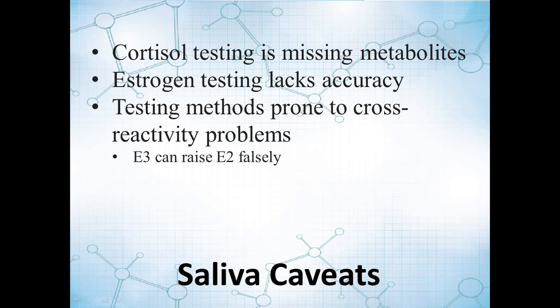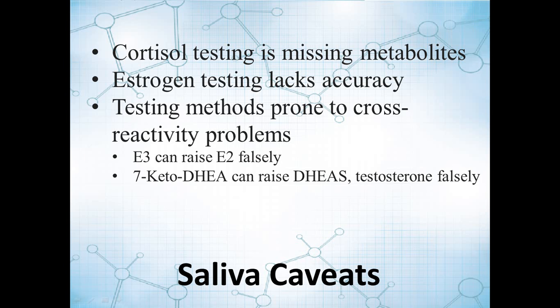For example, if estriol is really high, it can actually increase your estradiol levels artificially. If 7-keto-DHEA is used, it can actually react with the test, meaning if I take a vial that only has 7-keto-DHEA in it and I get it tested with a saliva lab for DHEA-S and testosterone, the more 7-keto-DHEA you put in that vial, the higher the DHEA-S and testosterone values will go, even though there's none in there.